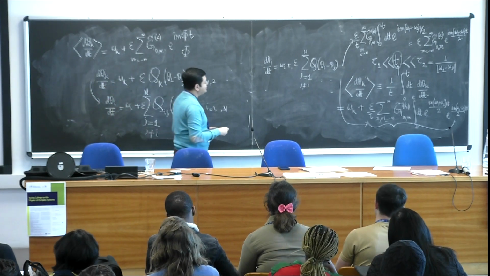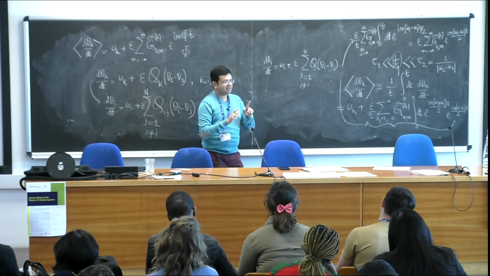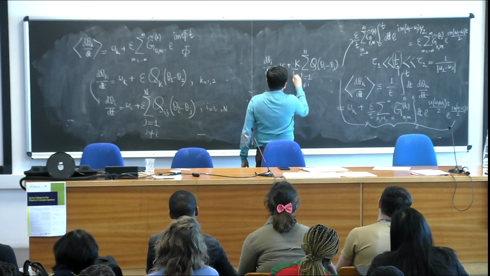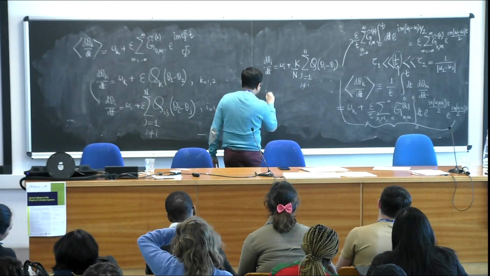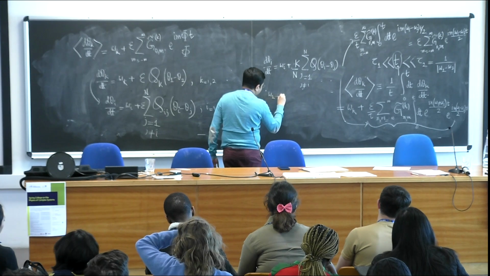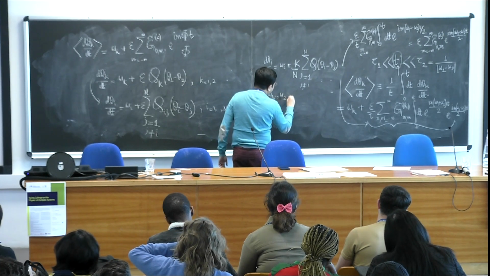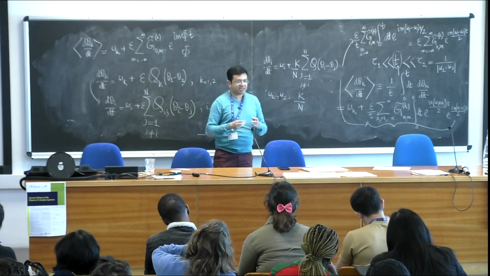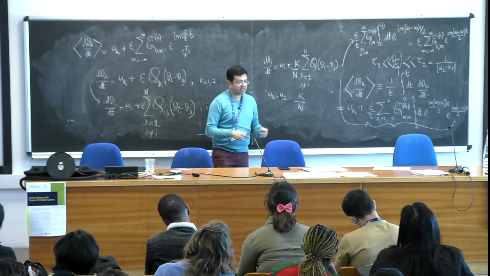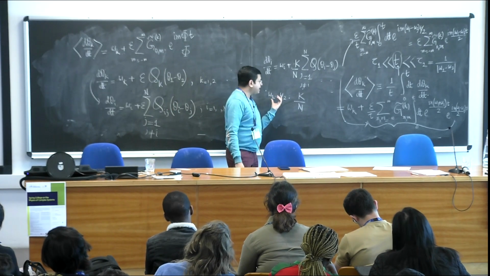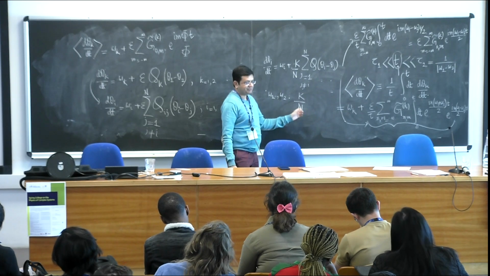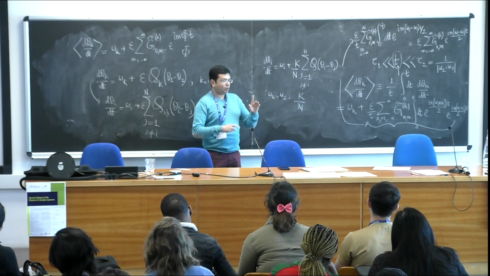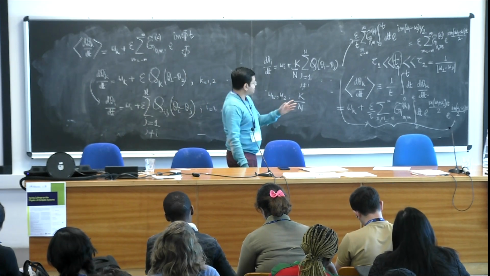The best way to do it is to say that for every pair, the coupling is inversely proportional to N. Between the pair with frequency omega 1 and omega 2, the coupling is K over N. So as I start dealing with a larger and larger number of oscillators, the coupling between a pair of oscillators is scaling down with N. But that's fine, because if I ask what is the cumulative effect of all the oscillators on one oscillator, that would still be of order 1.